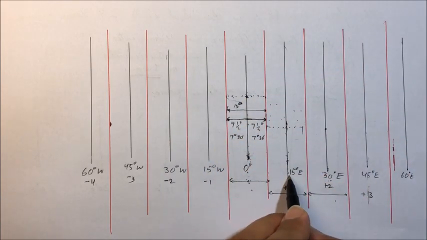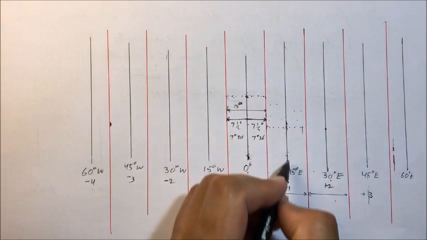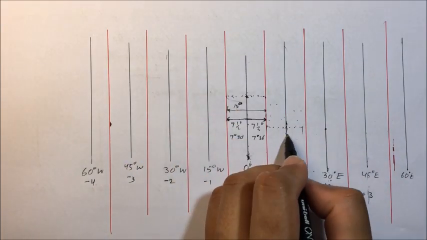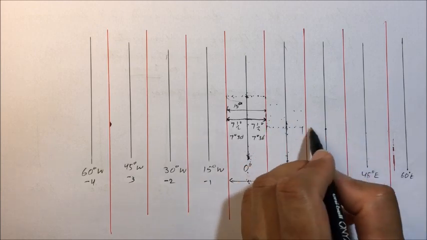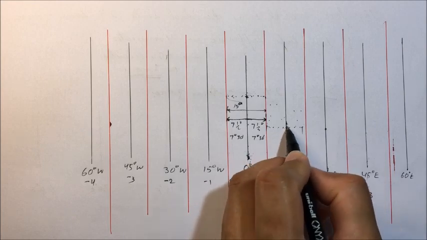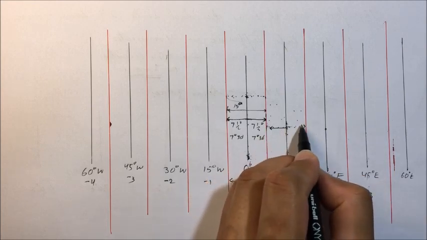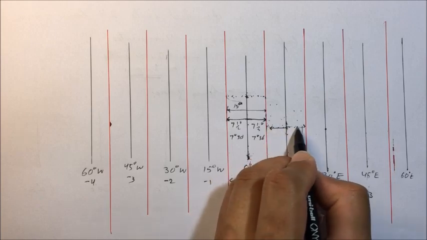So for each time zone we have set one central meridian, and it extends 7.5 degrees on the east side and 7.5 degrees on the west side. The same time will be followed here.